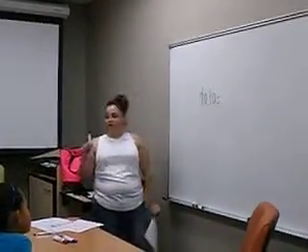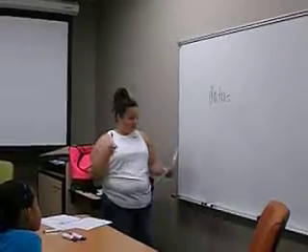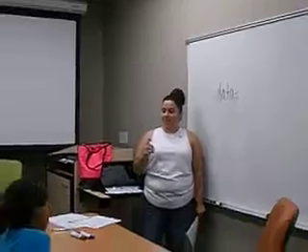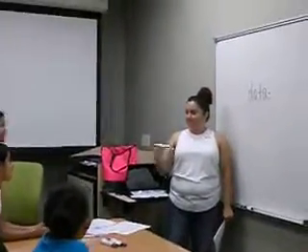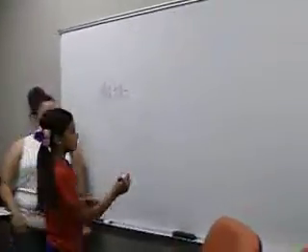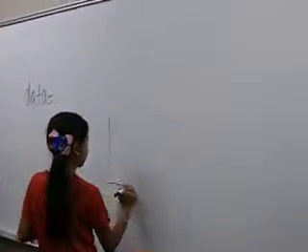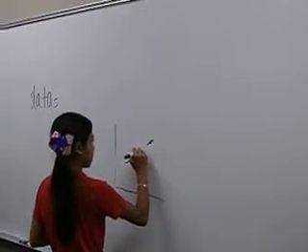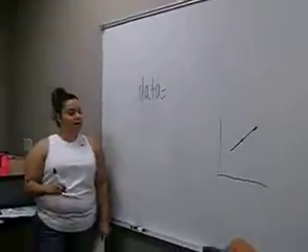Yesterday we went over line graphs and bar graphs. Can somebody come and show me what a line graph looks like? Okay, good job. Can somebody come and draw a bar graph for me?